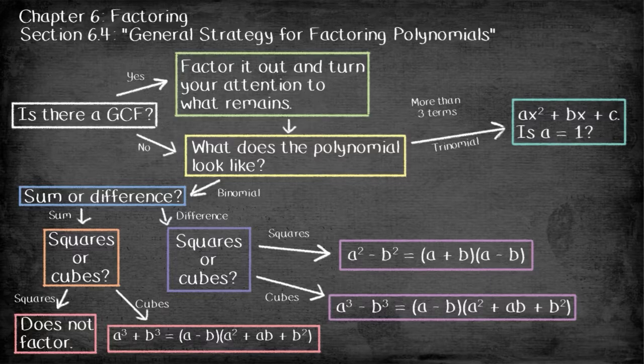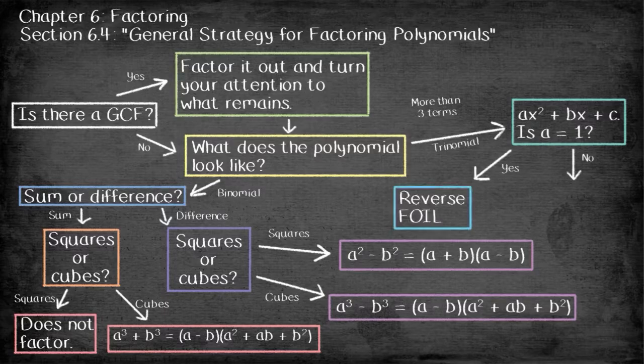So what if we have a trinomial? It looks like ax squared plus bx plus c. The next question is, is a equal to 1? If a is equal to 1, then you're just doing FOIL backwards. If it's not 1, then you're going to use the AC method, which is very similar and closely related.